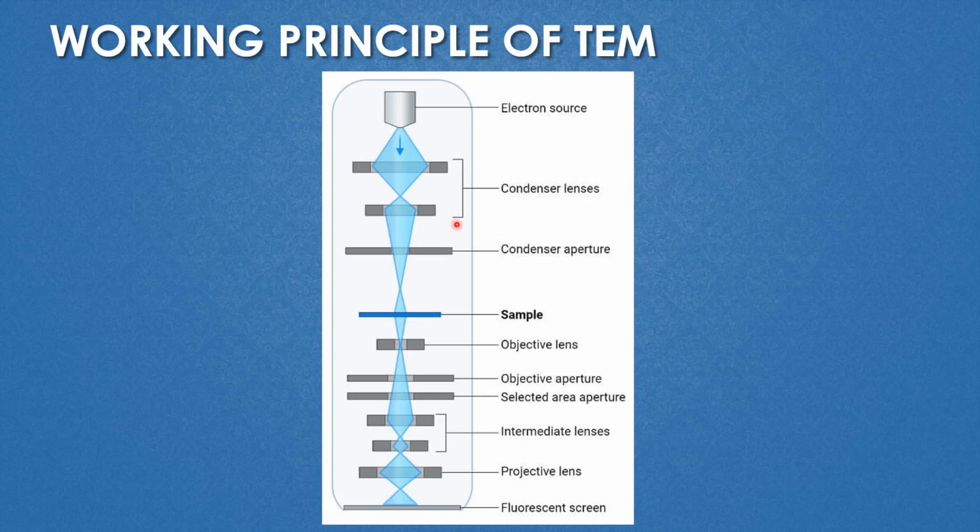Next, the sample is usually placed on a copper mesh grid, and the beam of electrons passes through the specimen and then through the electromagnetic objective lens.